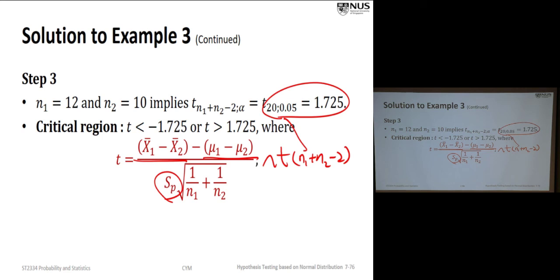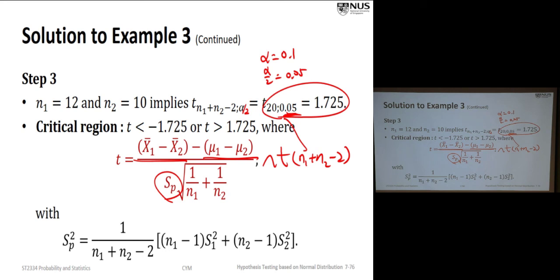I think there's a typo here because it's two-sided, so this should be alpha over 2. Alpha is 10%, so alpha over 2 is 5%. That's why this is 0.05. There should be an over 2 here, because we are looking at a two-sided alternative.